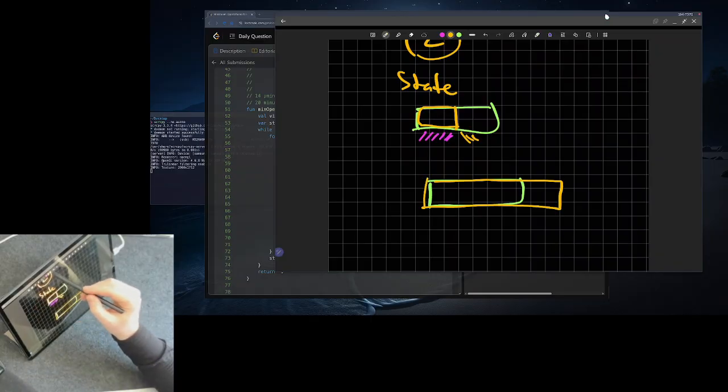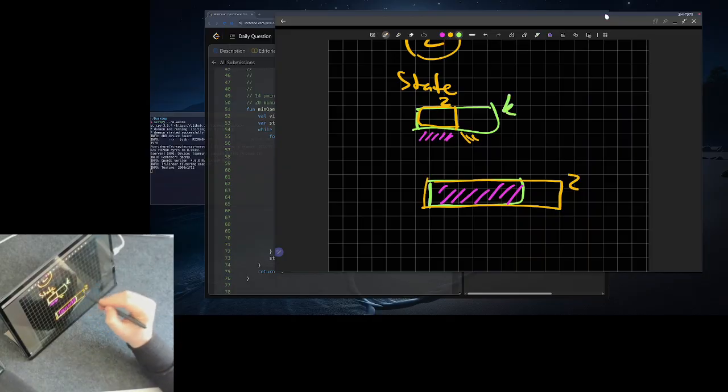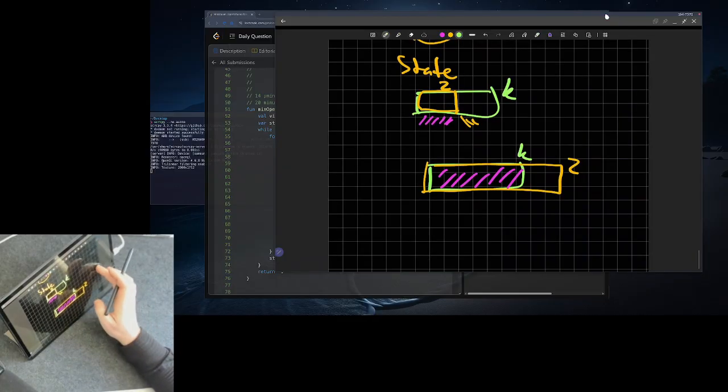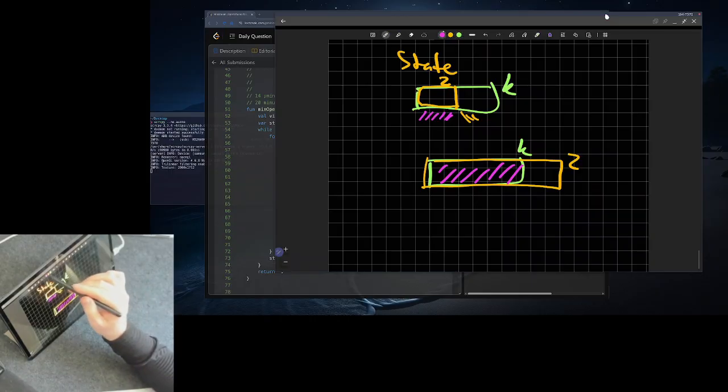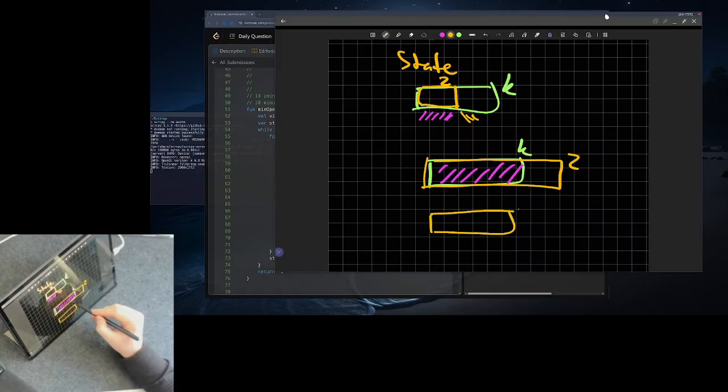So we have to flip k zeros to be converted to ones. Oh, sorry, this is zeros, and the green is k. And the third situation is when we have an exact match between zeros and k.